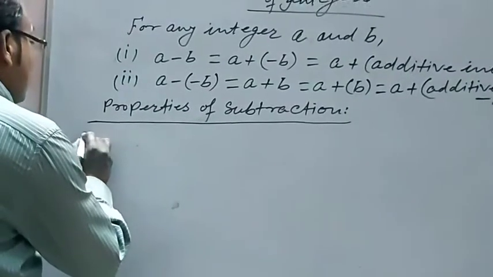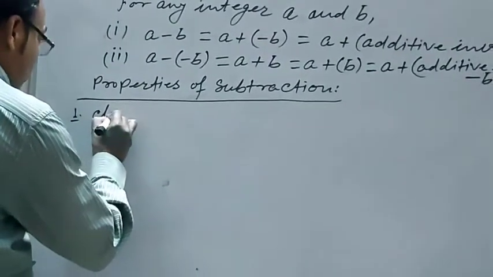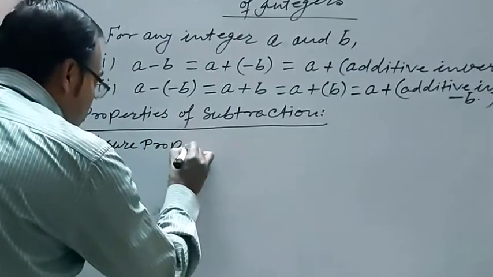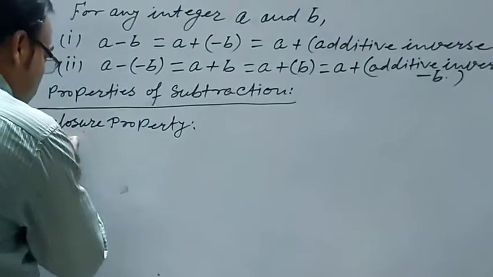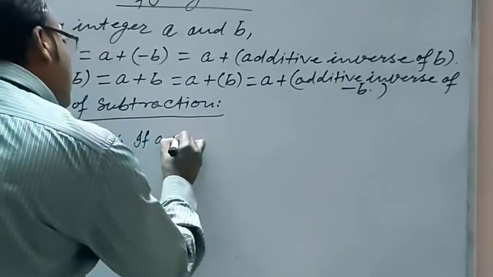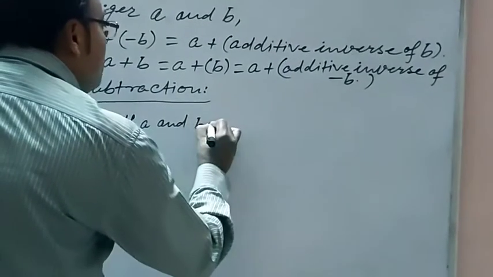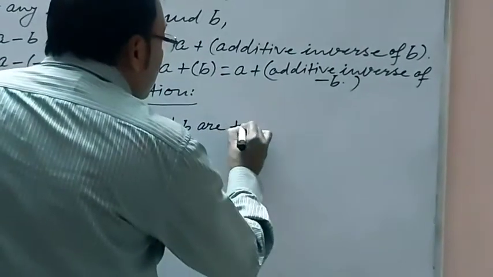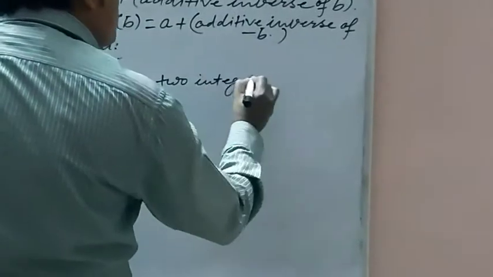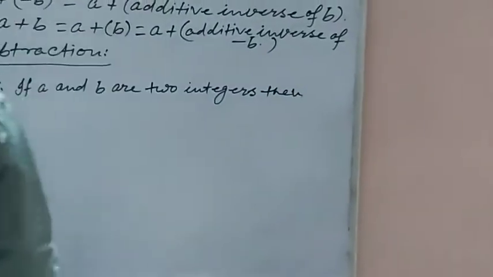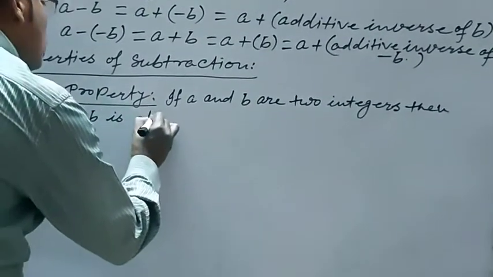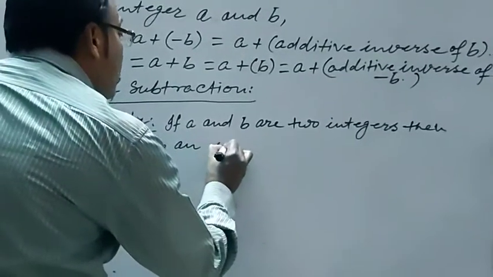First property, closure property. It says that if A and B are two integers, then A minus B is also an integer.